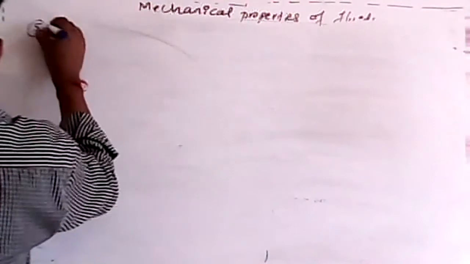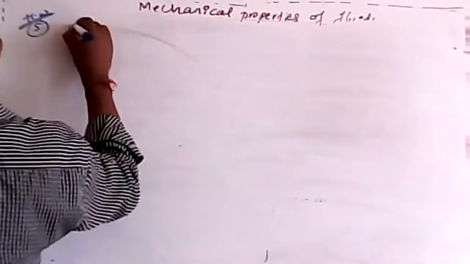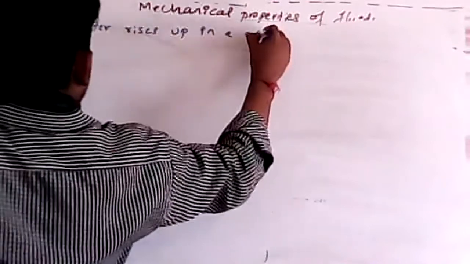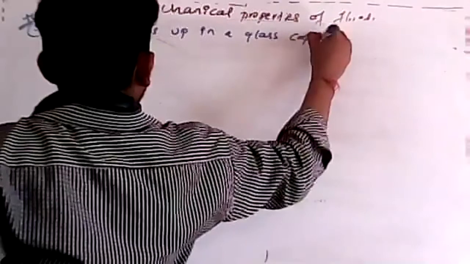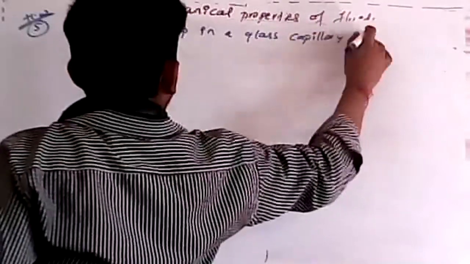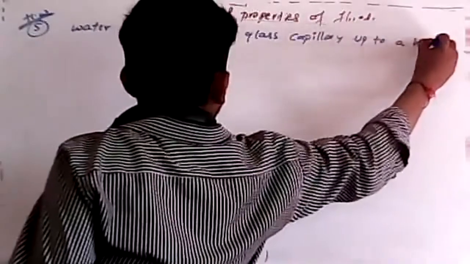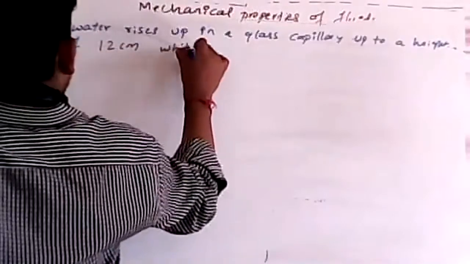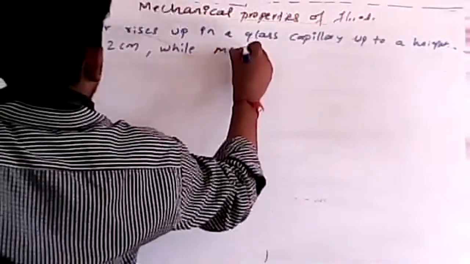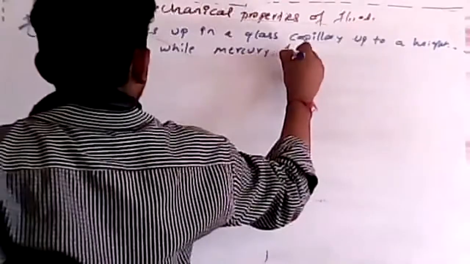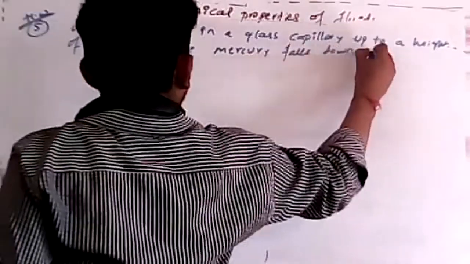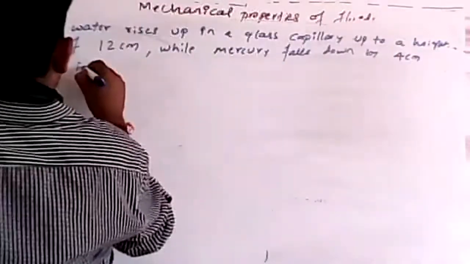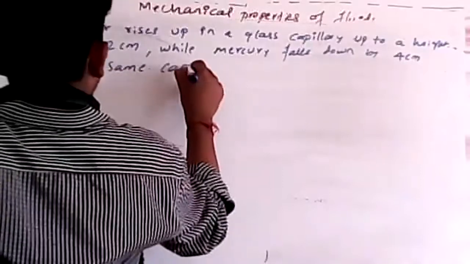Next problem, homework problem. Water rises up in a glass capillary up to a height of 12 centimeter, while mercury falls down by 4 centimeter in the same capillary.